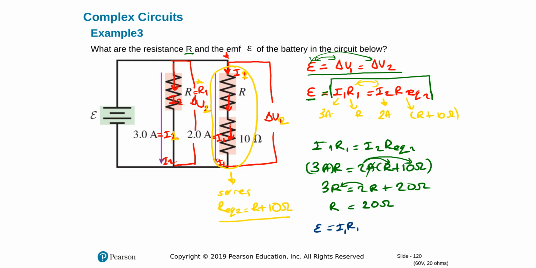And R1 is equal to R. So epsilon is equal to 3 amperes times R. Epsilon is equal to 3 amperes times 20 ohms, 60 volts.